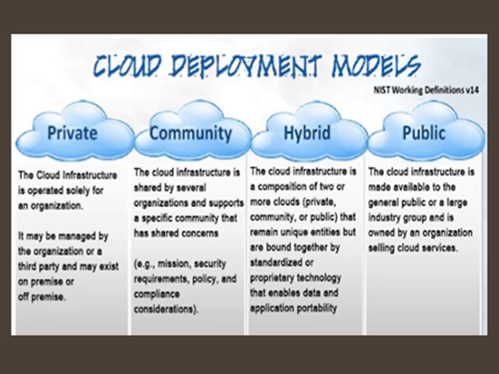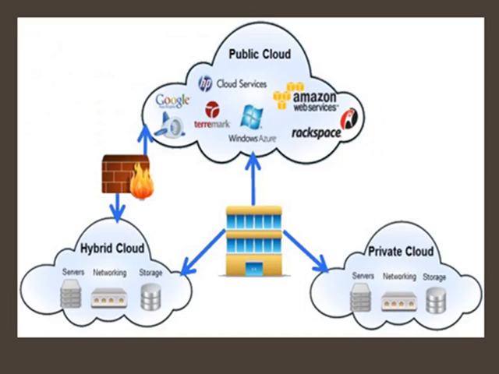And even in private cloud, there are community clouds where a group of organizations club together. Whereas the hybrid model is developed privately and later opened to the public, so it is a combination of both.